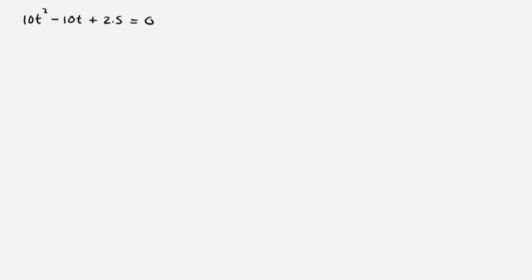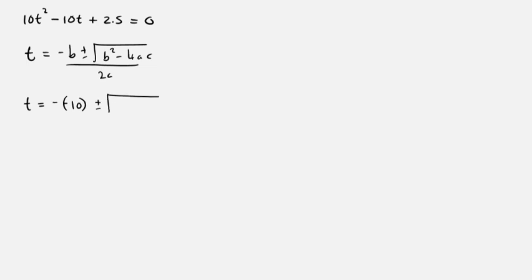Okay, so we're solving for t. We can say t is equal to negative b, plus or minus the square root of b squared minus 4ac, all over 2a.